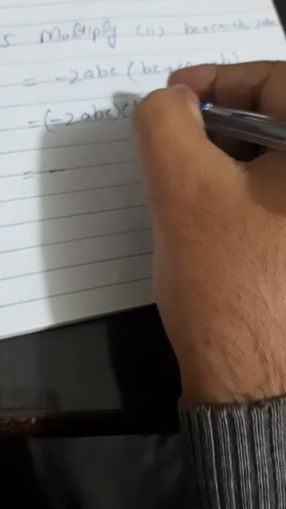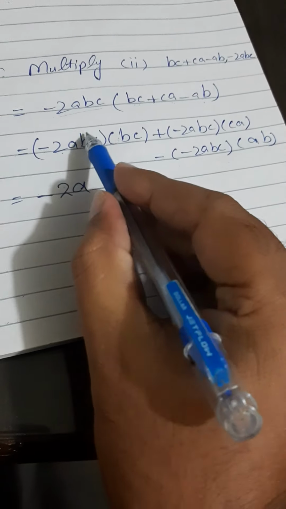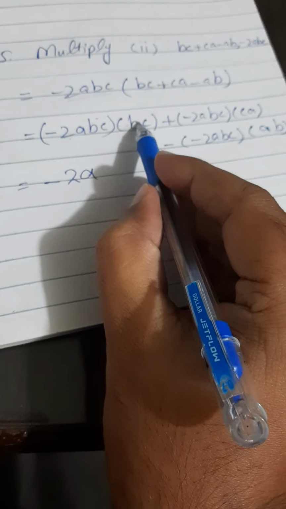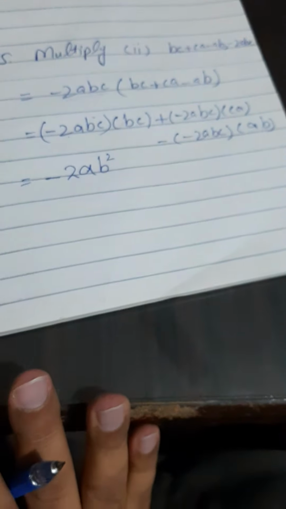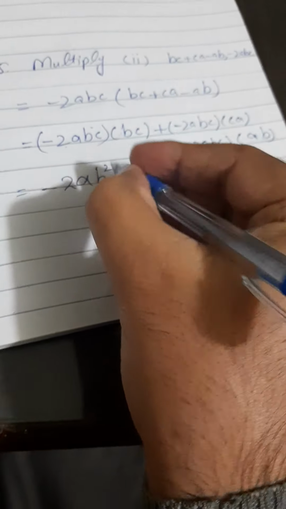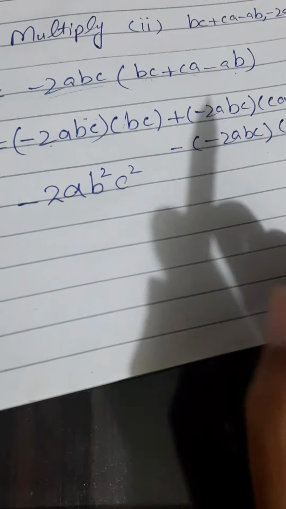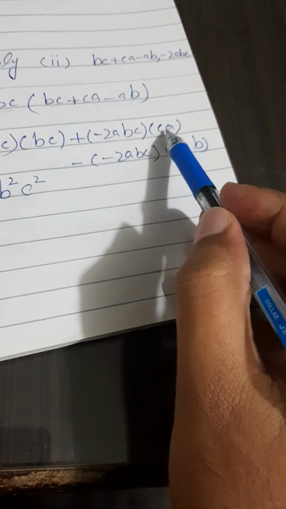So we multiply 2 with 1, minus 2. Then A, there isn't A, so we write A as it is. Then there is B, exponent of B is 1, exponent of B is 1, so 1 plus 1, it becomes B square. In same way C, exponent of C is 1, exponent of C is 1, so it becomes C square.